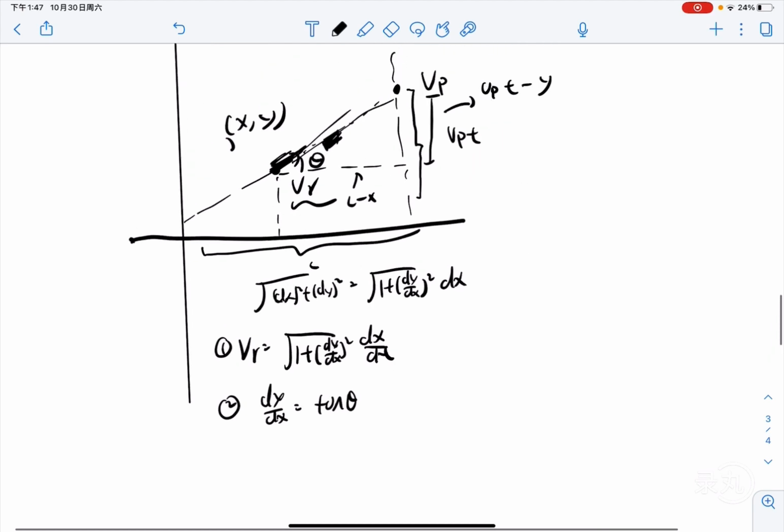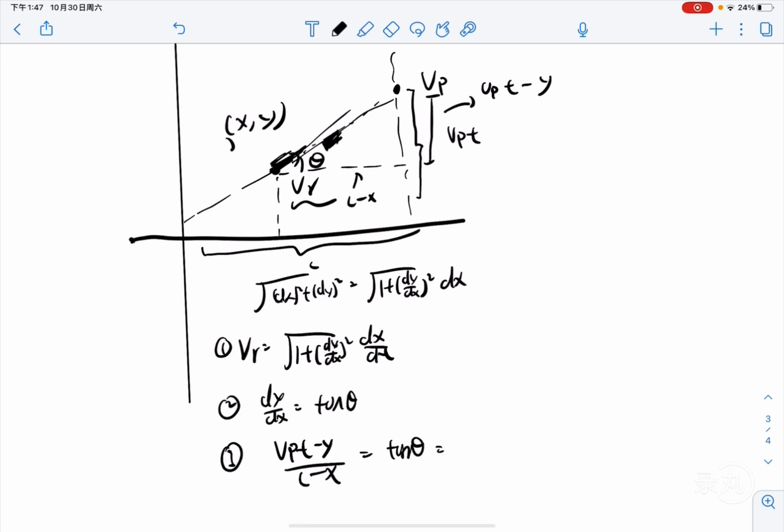So basically this third equation is (vp t minus y) divided by (L minus x) is equal to tangent, which is equal to dy/dx.